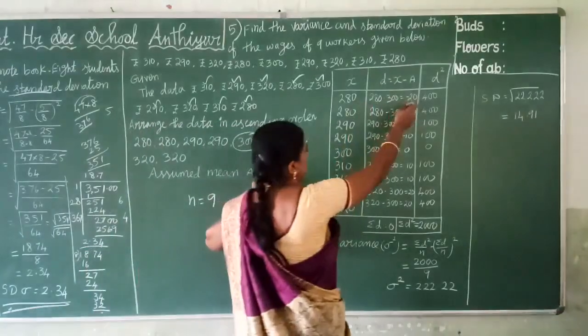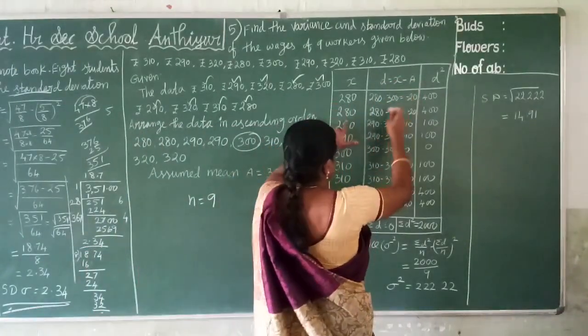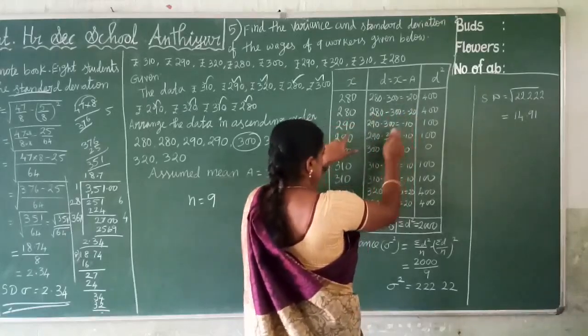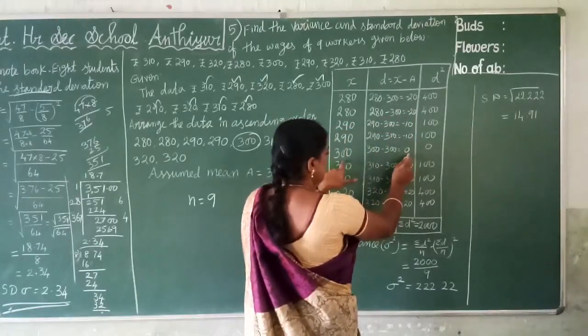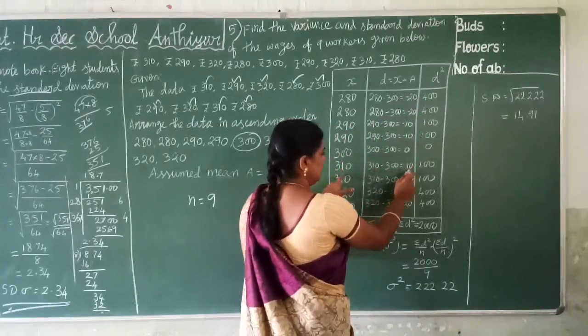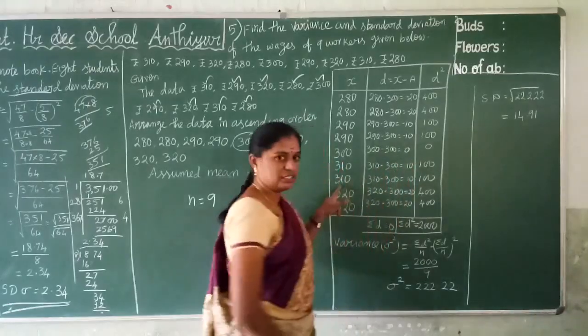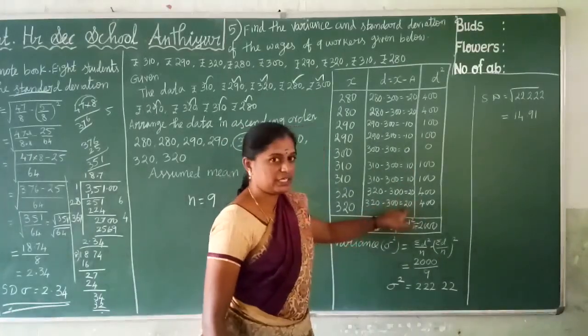So 280 minus 300 equals minus 20. 280 minus 300, minus 20. 290 minus 300, minus 10. 290 minus 300, minus 10. 300 minus 300, 0. 310 minus 300, 10. 310 minus 300, 10. 320 minus 300, 20. 320 minus 300, 20. Clear?